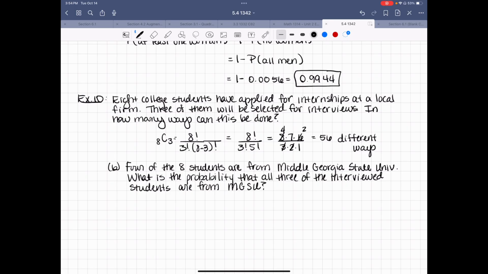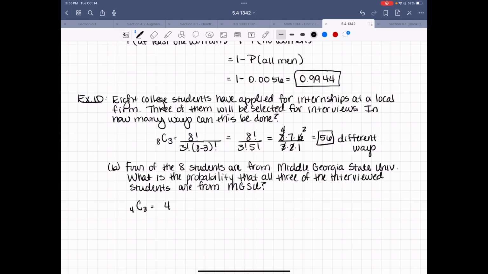All right. Well, we know there are 56 total different ways, but we want to know what's the probability that all 3 of them are from this one university. So we've got 4 from the university and we want to choose 3.